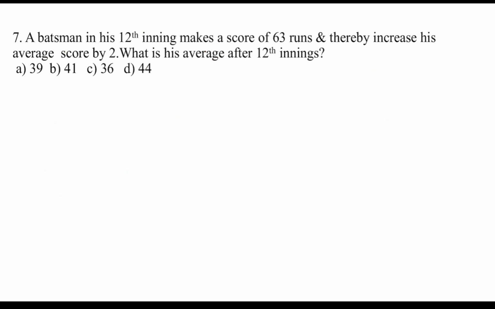A batsman in his 12th inning scores 63 runs, and thereby his average score is increasing by 2. We don't know actually how much it is, but it is increasing by 2 when he makes 63 runs in the 12th innings.